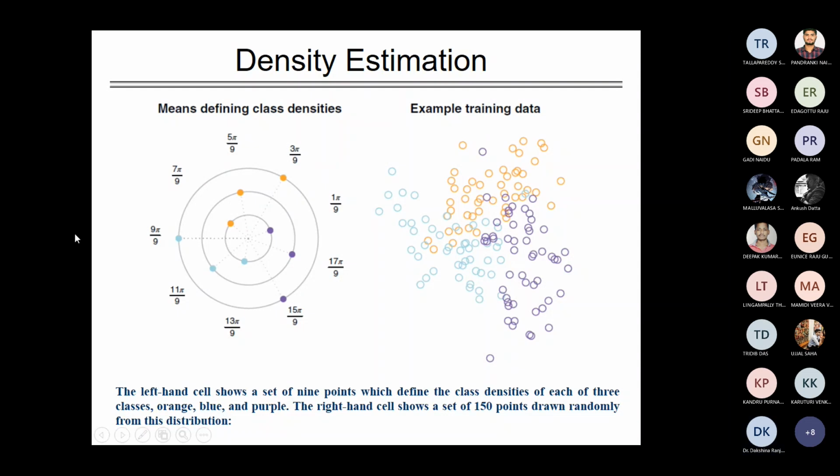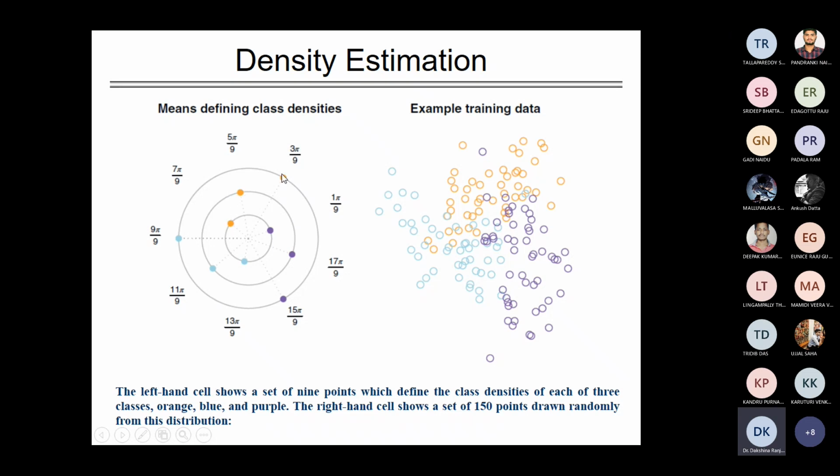On the left hand side here, you can see these 9 points which define the class densities of each of the three classes: orange, blue, purple. Since we are considering three different classes, these points represent the centroid in each class.